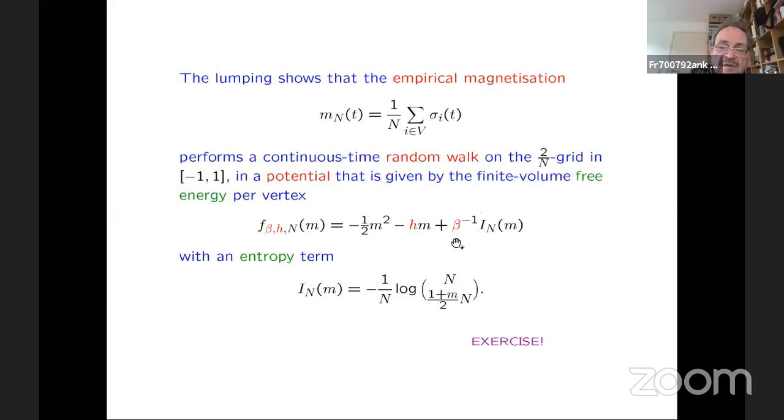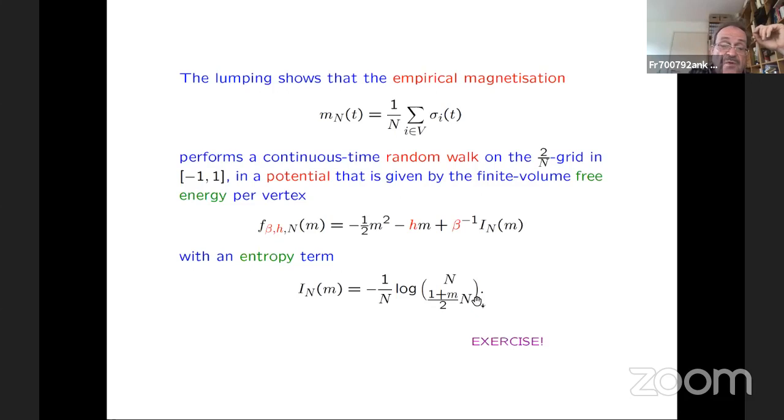And there is an entropy term that keeps track of how many spin configurations actually correspond to a given value of the magnetization. And this is crucial. If you change the magnetization, then you change the number of configurations that correspond to this magnetization. And every magnetization has its own entropy, and you need to compute that.